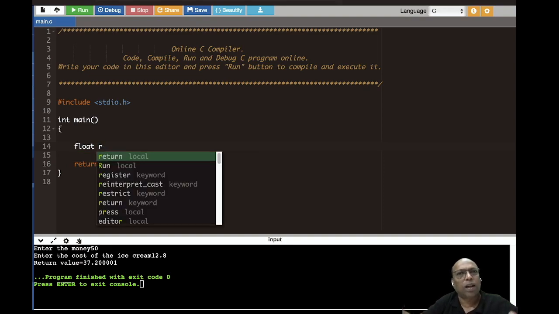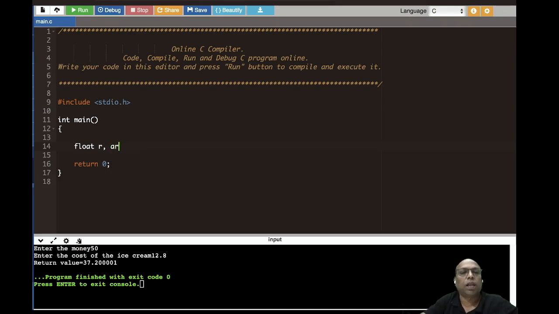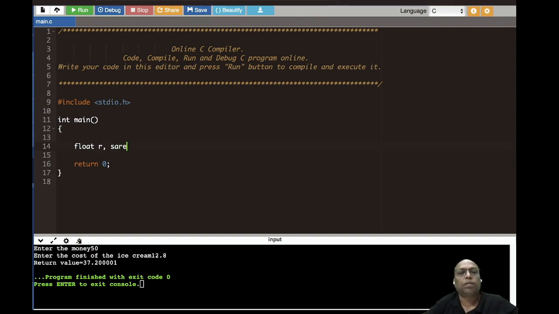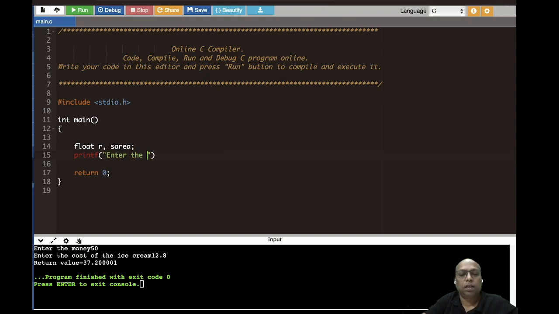I can write r, I can write radius. What I need to find is the surface area. Give a name, S area. Printf, I'm going to take the input. Enter the radius.